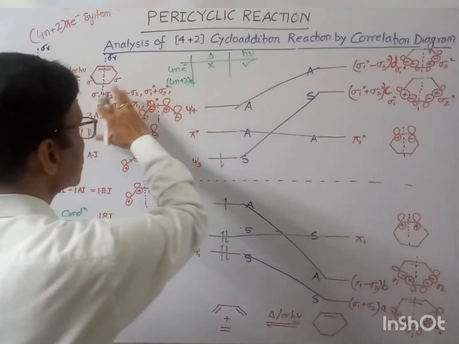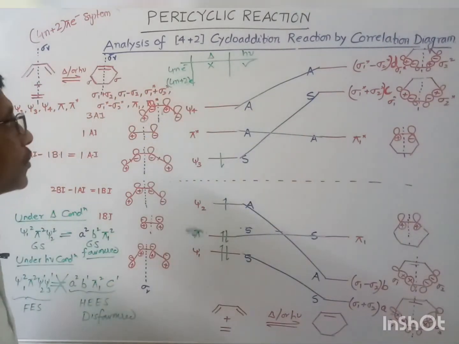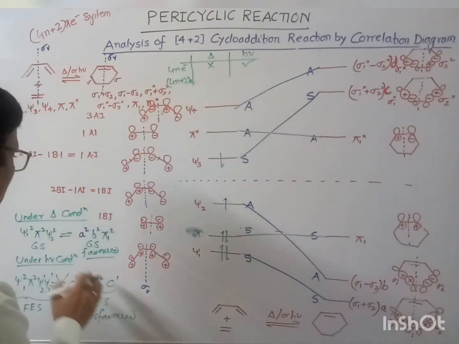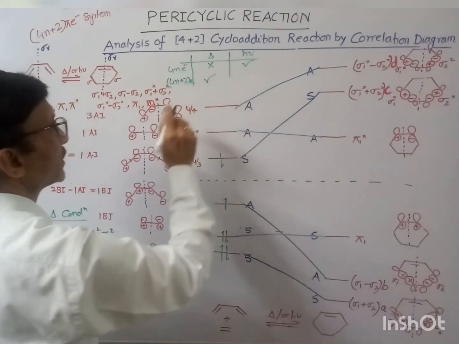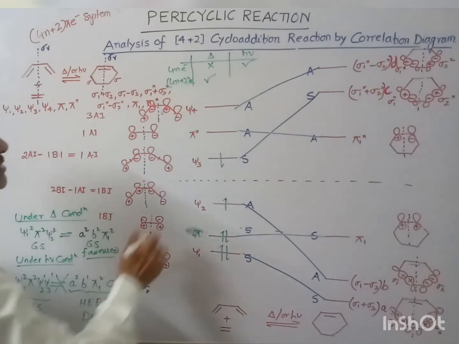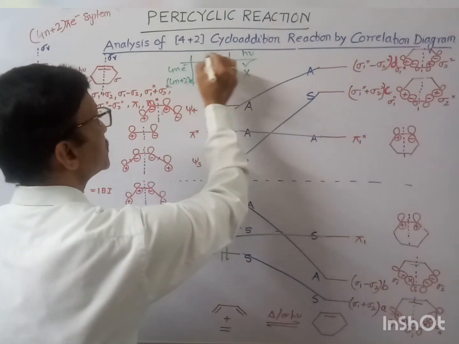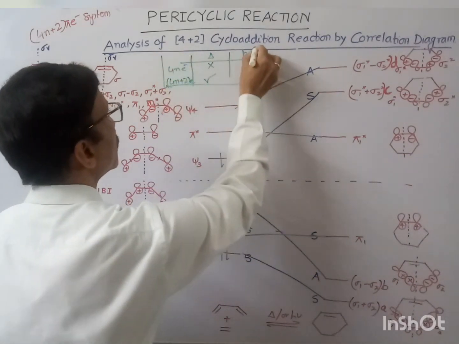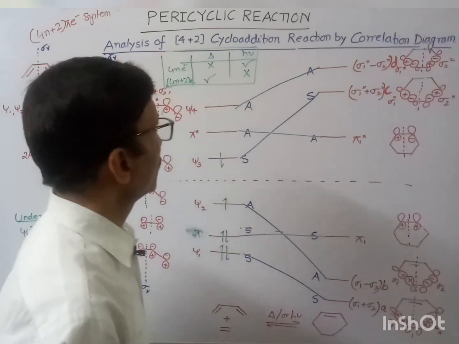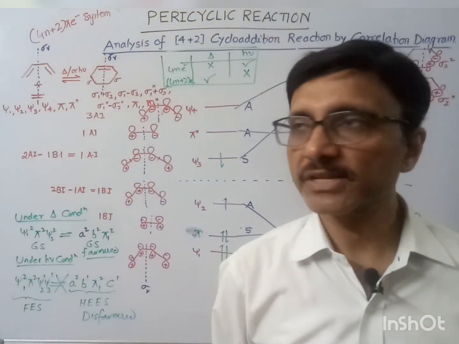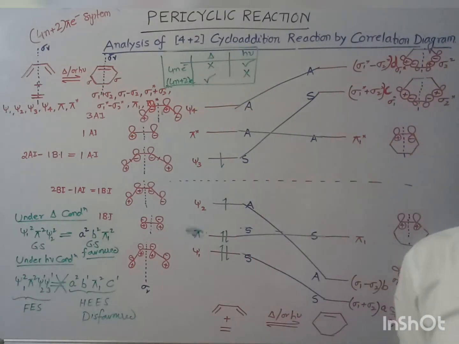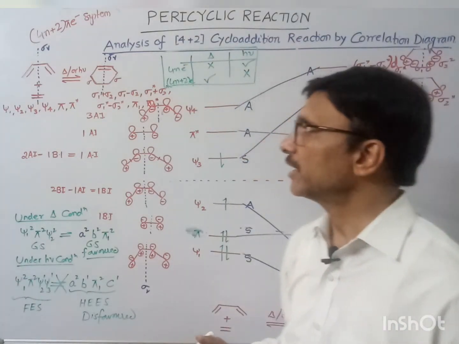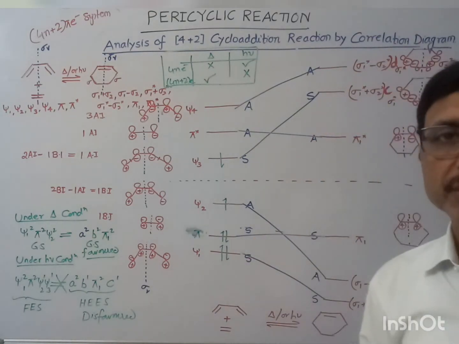Whereas for 4n plus 2 electron system, under thermal condition it is favored, whereas under photochemical condition it is disfavored. So this is the selection rule for the cycloaddition reaction that we have seen by the correlation diagram method.